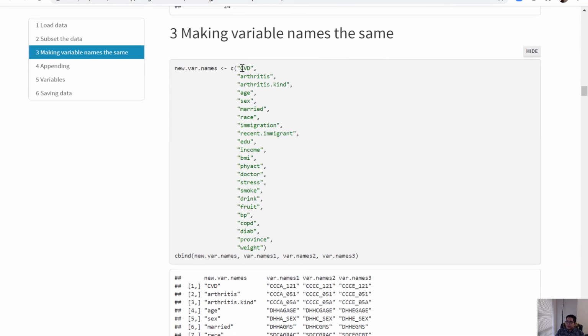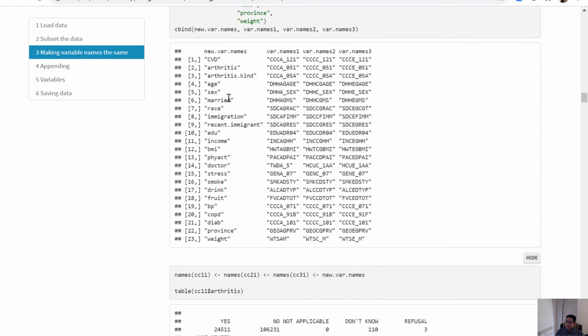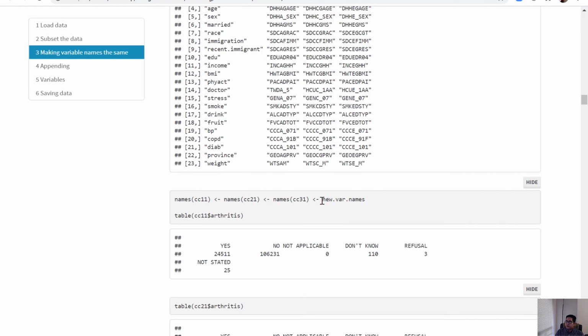Say for example, cardiovascular disease, arthritis, kind, age, sex, marriage, race, immigration. So these are much more readable names, and it will be easier for you to remember as well. So rename them to these readable names, and then use those names to replace all of the previous names that you have used in the previous 3 datasets.